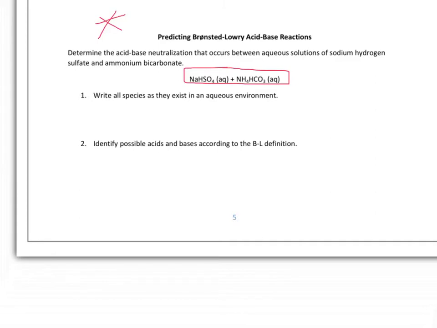Recall from Science 1206 that ionic compounds, that is, any compound that contains a metal and a nonmetal, such as sodium hydrogen sulfate, so this is ionic, or anything that contains the ammonium ion, such as ammonium bicarbonate, will dissociate into their component ions in aqueous environment.